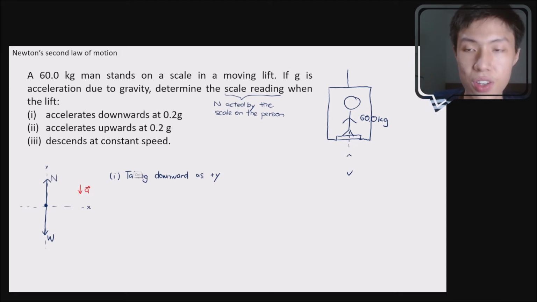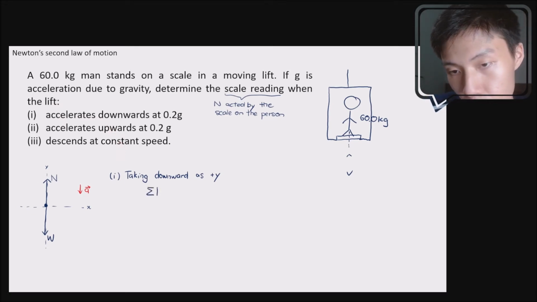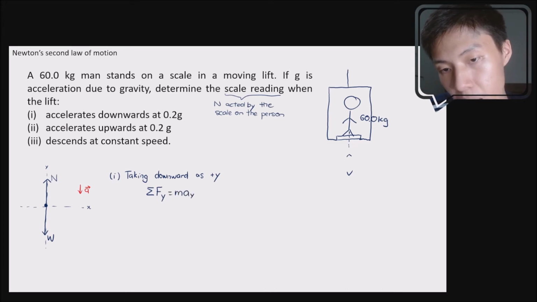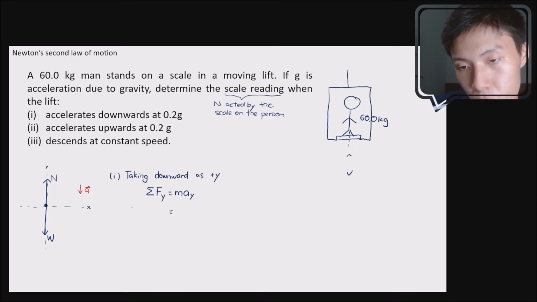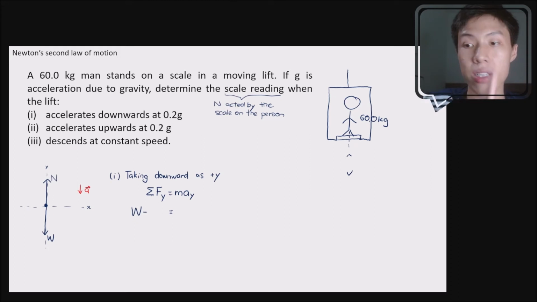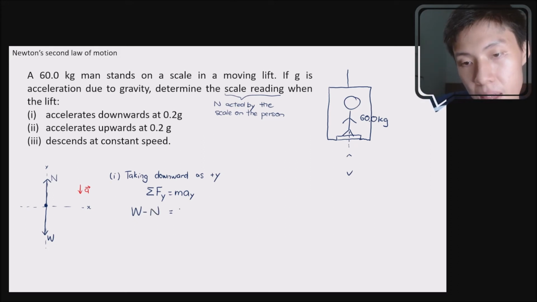Because there's acceleration involved, there's net force, so the sum of F is equal to ma. In this case, the sum of F in the y direction is equal to ma_y. But we take downward as positive, so we take what's positive, W, minus what's negative. Negative should be upward in this case, so we are minusing N, and this should be equal to ma_y.